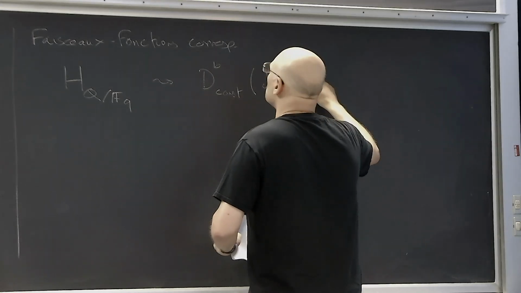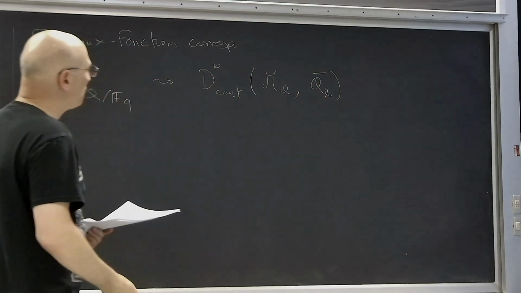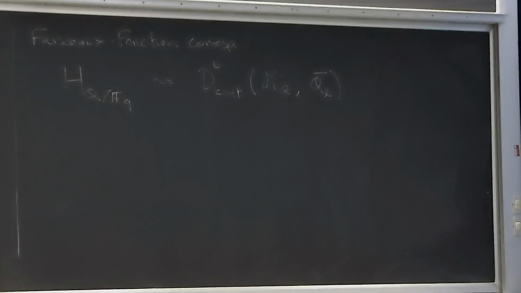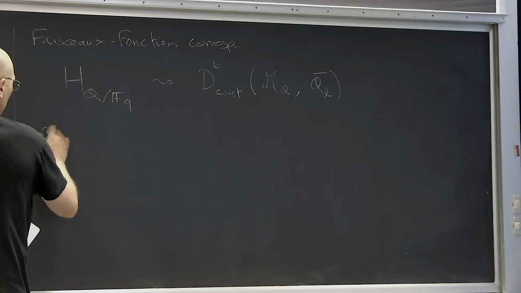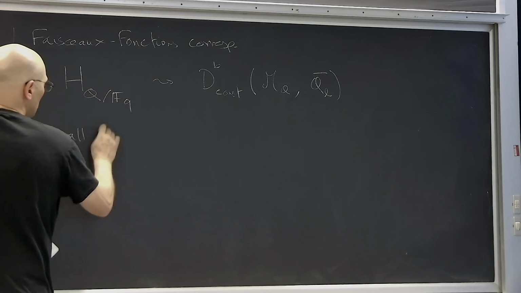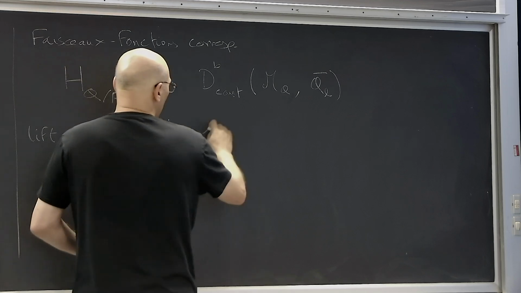And we just take QL bar coefficients. OK, if we want to keep working with FQ bar, let's just take QL bar. OK, and then we want to lift all structures to this setup.